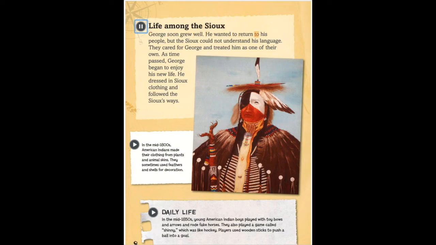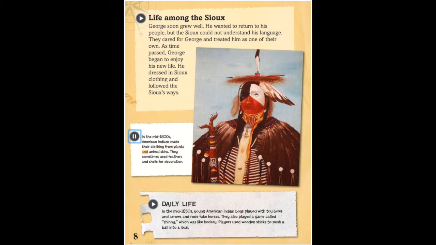He wanted to return to his people, but the Sioux could not understand his language. They cared for George and treated him as one of their own. As time passed, George began to enjoy his new life. He dressed in Sioux clothing and followed the Sioux's ways. In the mid-1800s, American Indians made their clothing from plants and animal skins. They sometimes used feathers and shells for decoration.